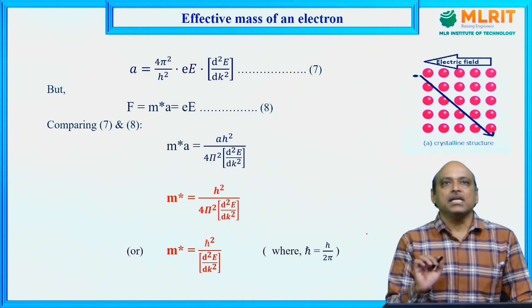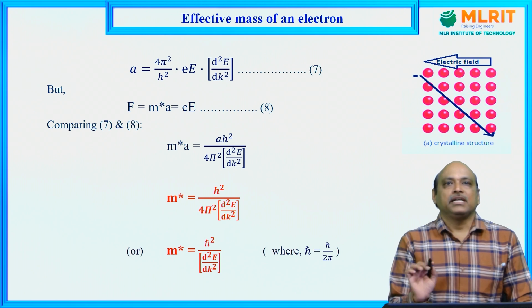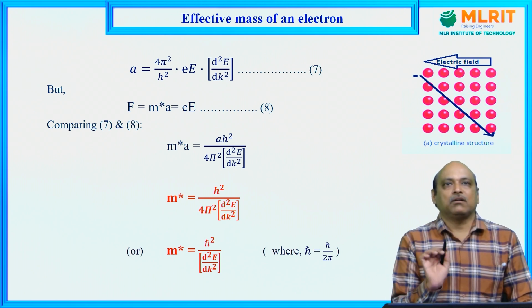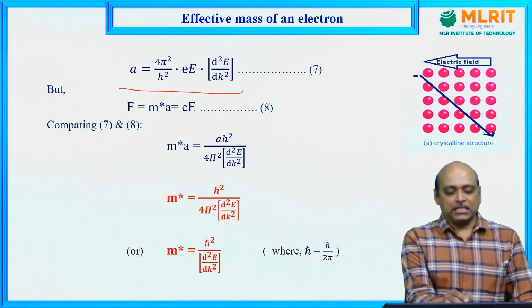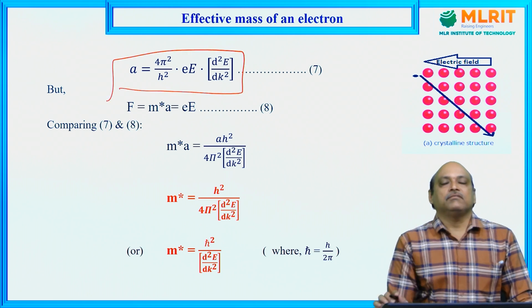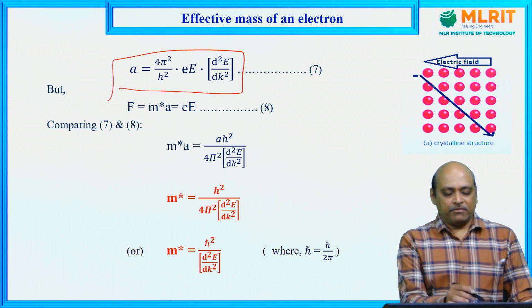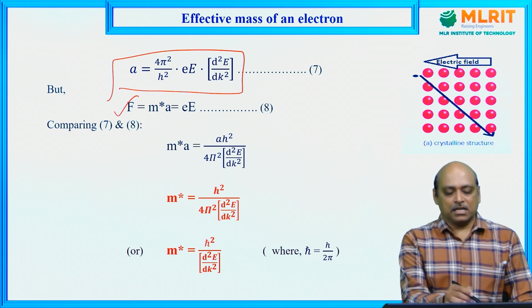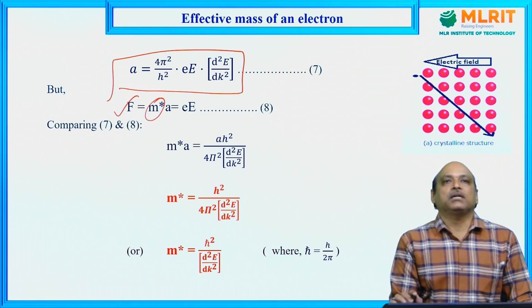Now we move to the next step to conclude. How m* can be written, that we are going to see. Now you see the acceleration of the electron we got as this value, but we know that F = ma, where the mass of the electron here we are treating as the effective mass of the electron.